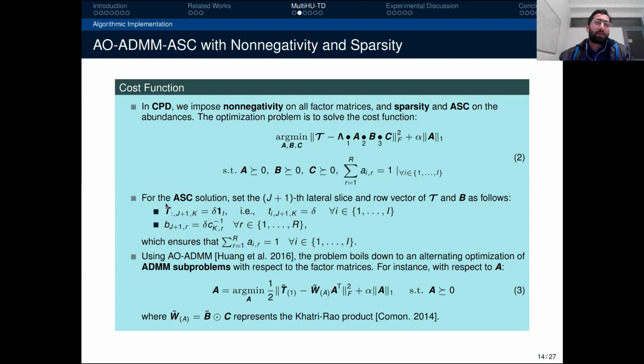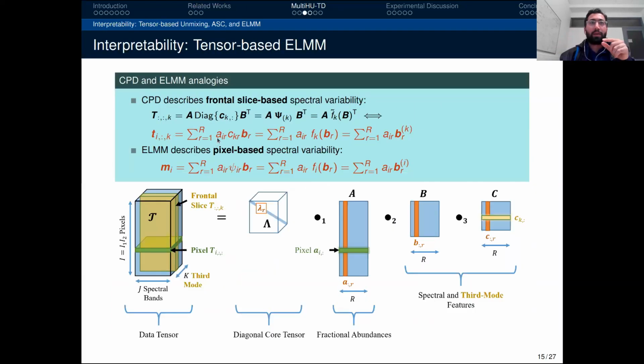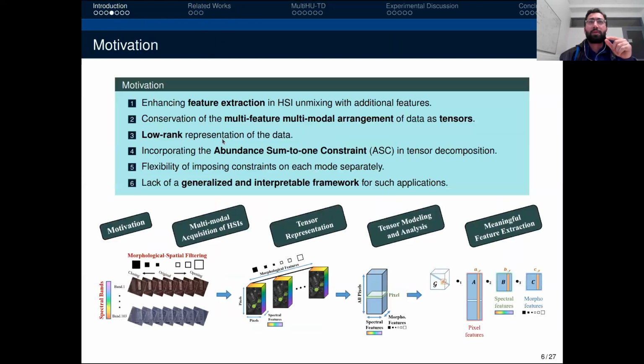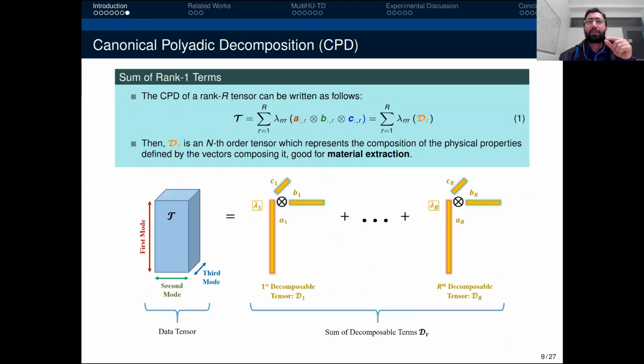And so for the ASC solution, the sum-to-one constraint solution, it's just an update that we have to do at each iteration that ensures that the sum of abundances at each row equals 1. To ensure this, we have to play on the CPD model.